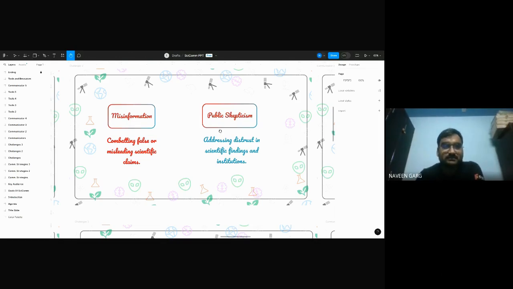And the next point is public skepticism. Public skepticism comes from their lack of understanding of the reasons why we are doing this. Like in the COVID era, many people feared that the vaccine has this or that, and that we would be great without the vaccine. But the point is, the vaccine is not there to harm you.